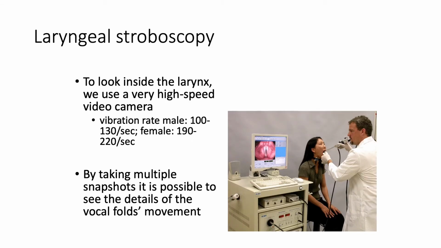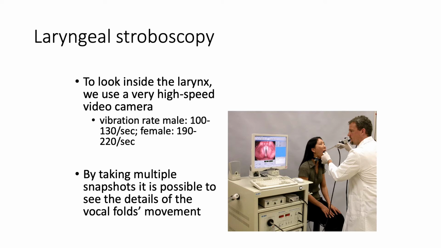In order to look inside the larynx and see what is happening when we produce modal voice, we use a very high-speed video camera. It has to be very, very fast because the vocal folds vibrate very fast. For males, you get between 100 and 130 vibrations per second, and for females even more than that, between 190 and 220 per second.